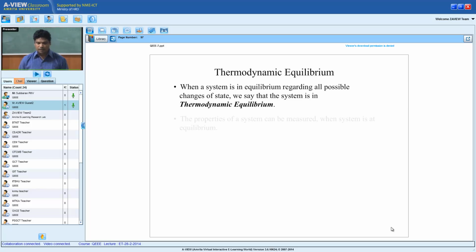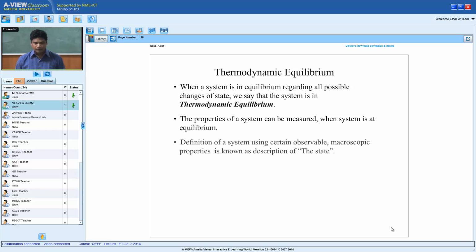Only then can the properties of the system be measured. Though I am measuring a temperature, the best way is perhaps to have thermodynamic equilibrium, then you can have the complete description. Many times it may not be possible, but to that level there is an accuracy and error analysis coming in.